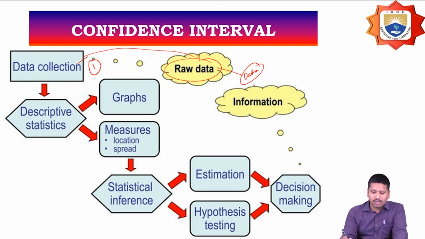Once that is done, then we have to perform the descriptive statistics. Descriptive statistics are performed through the use of graphs and through measures, considering location and spread. A graph, as you already know, is a collection of vertices and edges, and we can also see different types of graphs like a simple graph, multiple graph, planar graph, like that.